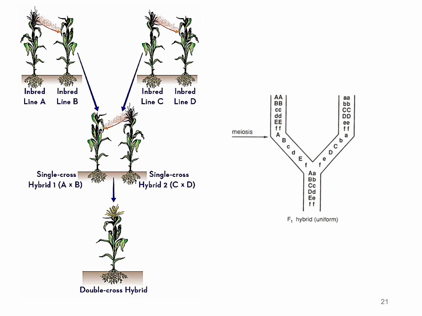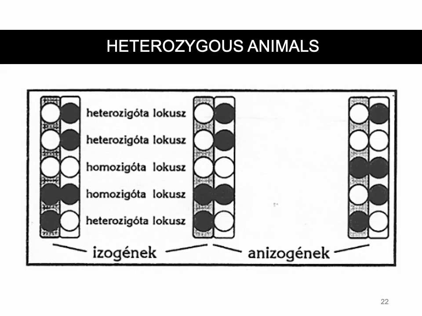So the F1 hybrid is very, very uniform but heterozygous for all genes for which the parental strains differ. And you have to make it once more and once more because the F2 generation is different.